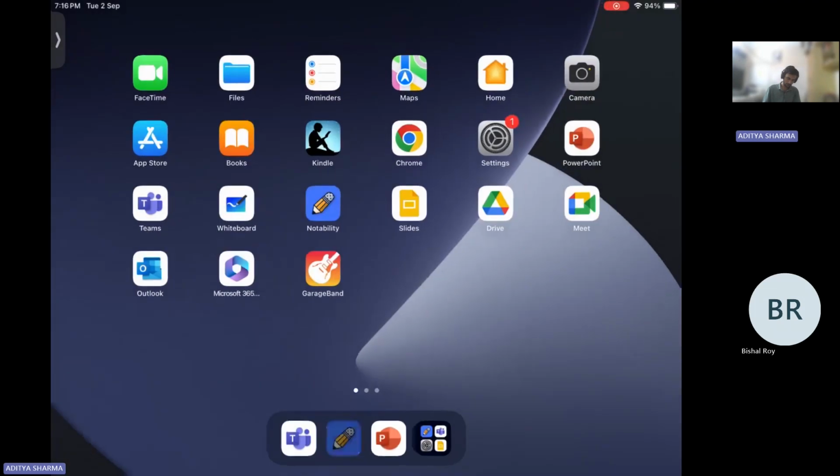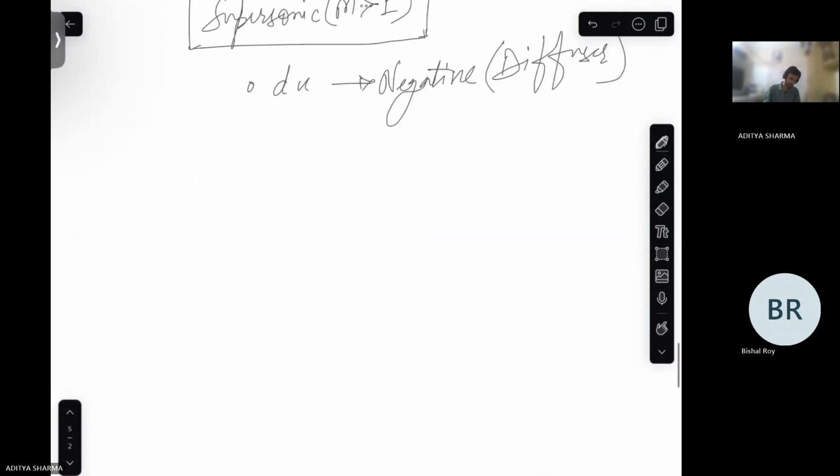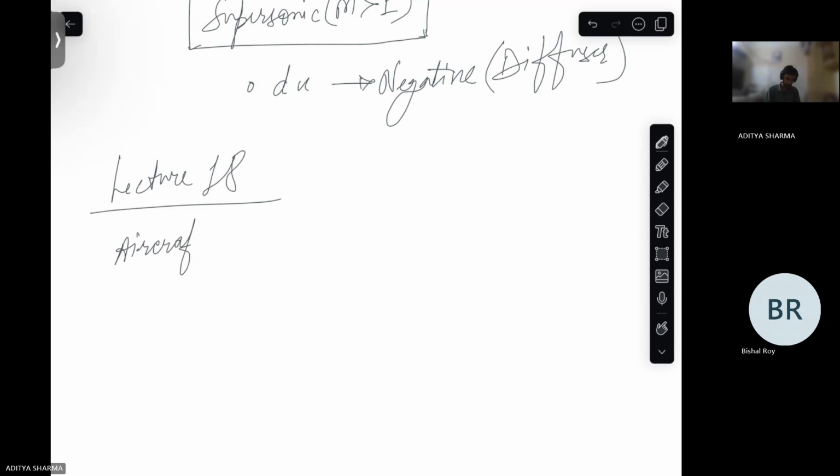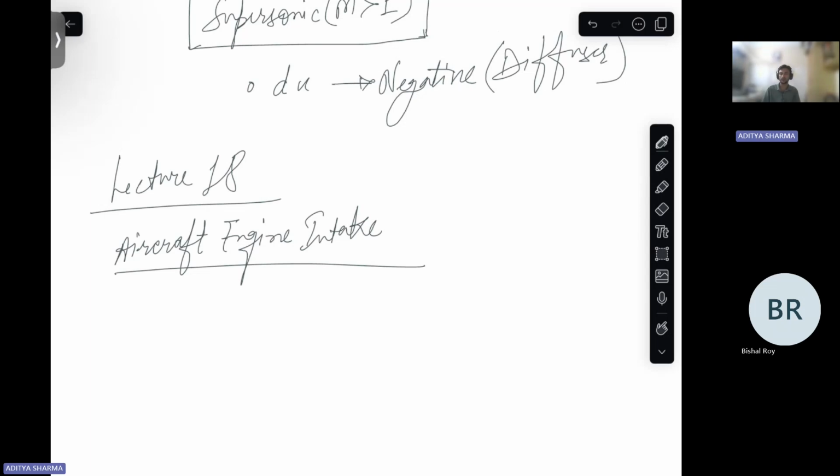If you see the topics of lecture number 18, first of all, different types of aircraft engine intakes have been discussed, like your S bend intake, straight through intake, 2D rectangular intake, conical intake, annular intake, hidden or buried intake.